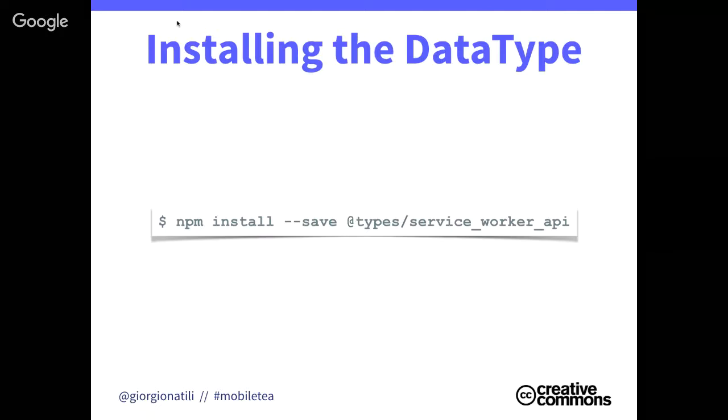With Angular 2 and TypeScript 2, the installation of new data types was happening through typings. Typings is an npm module that is going to be deprecated and was used to install additional data types inside types. Now you can use npm. The important thing is that you use the @ sign, types, and then the name of the data type that you want to install.